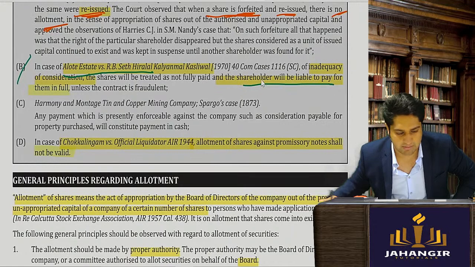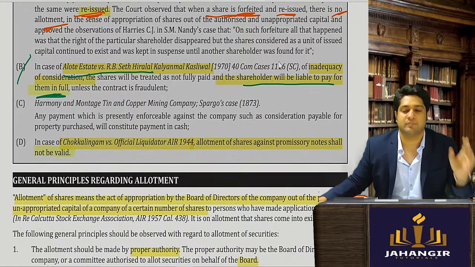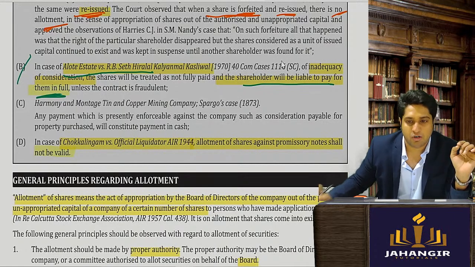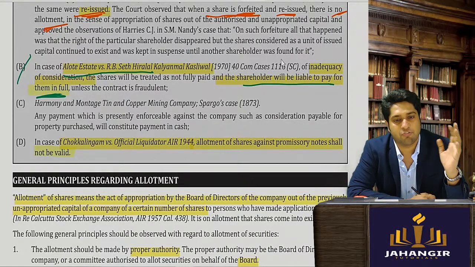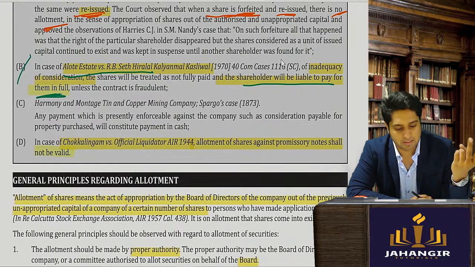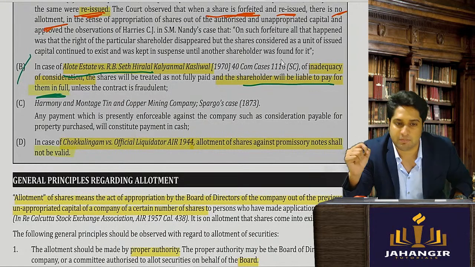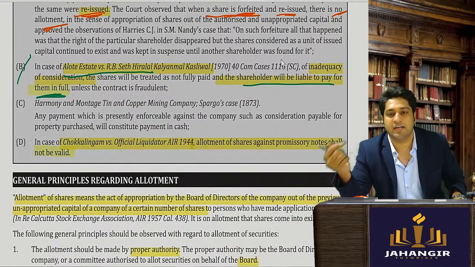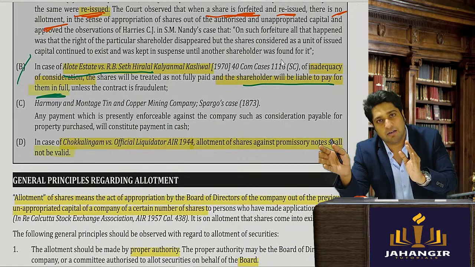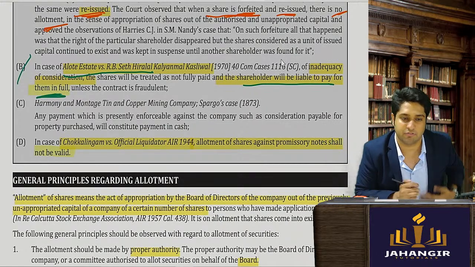It was held in this case law that on inadequacy of consideration, the shares shall be treated as not fully paid and the shareholder is liable to pay in full. We have heard of forfeiture and surrender. If the shareholder could not pay the amount, he will still be liable to pay the entire amount of the share. If he doesn't pay it, then it can be forfeited.